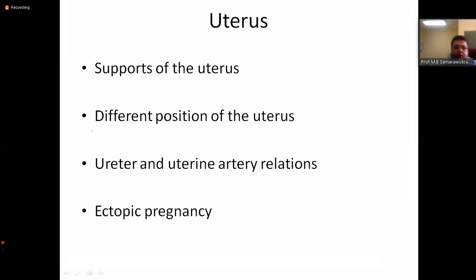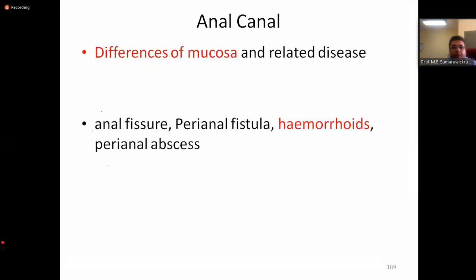And supports of the uterus, different positions of the uterus, urethra and uterine artery relations, ectopic pregnancy. These are the important things that you have to know about the uterus. Anal canal: differences of mucosa and related diseases. Anal fissure and fistula are not so important, but you have to know the anatomical basis for hemorrhoids.